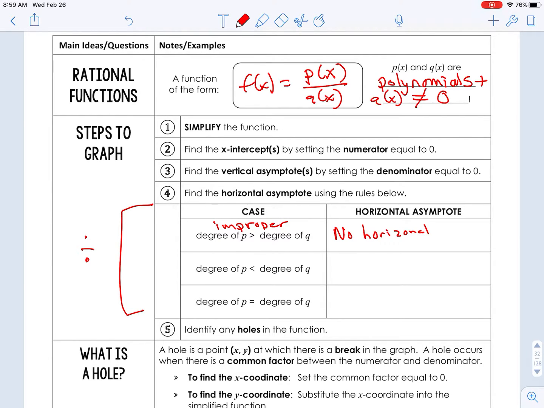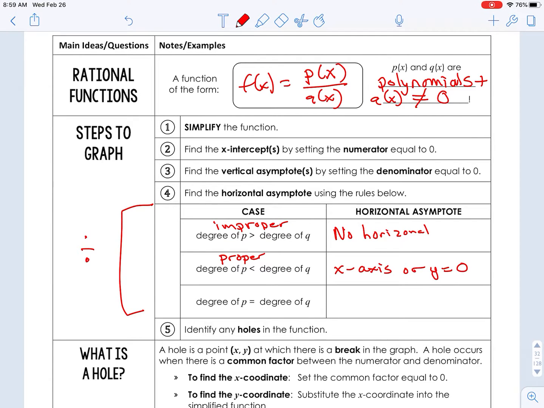Second case, P is less than Q. So this is our proper case. So when it's proper, it's the x-axis, or y is equal to 0.